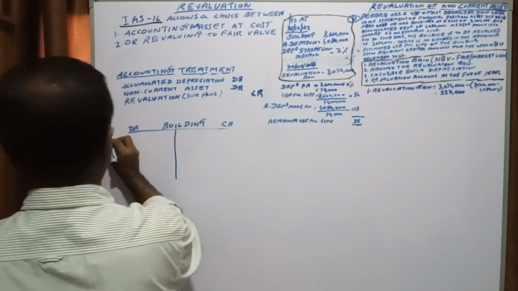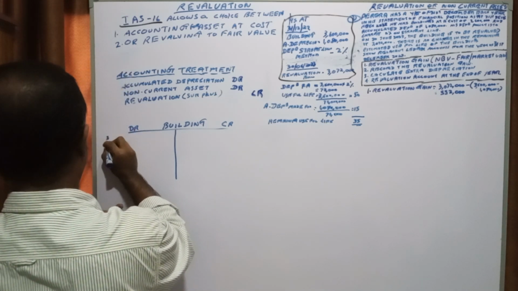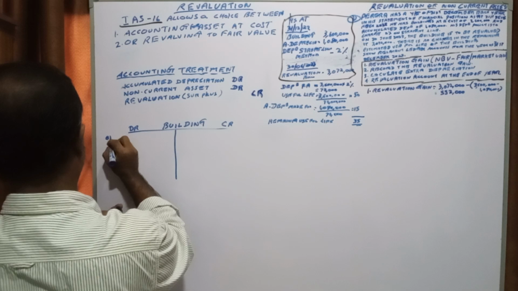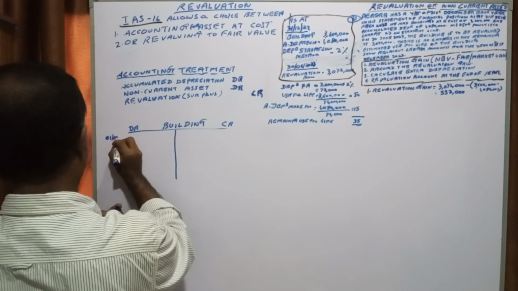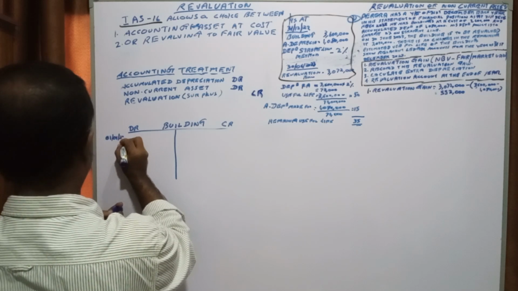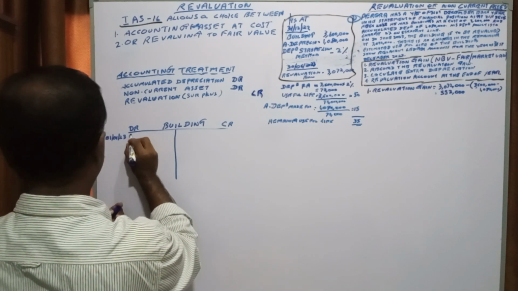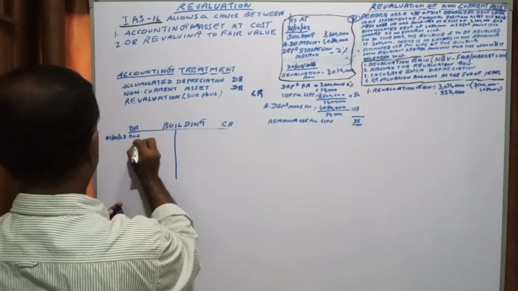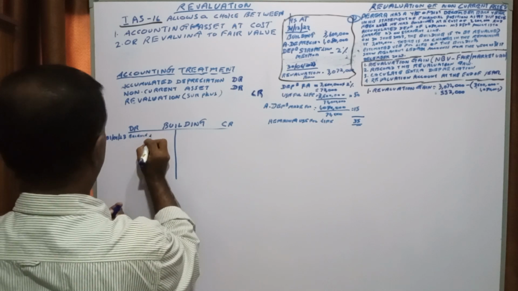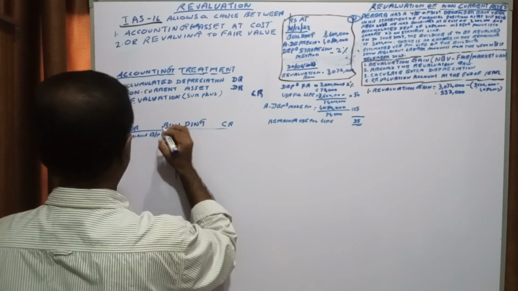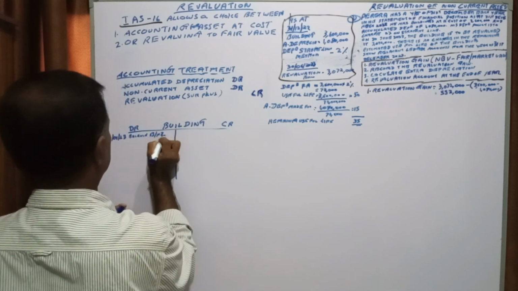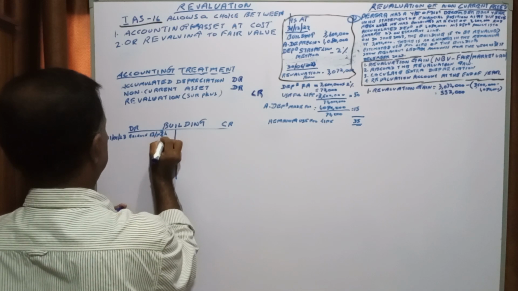At 31st December, 1/1/23, balance brought forward is 3,600,000.